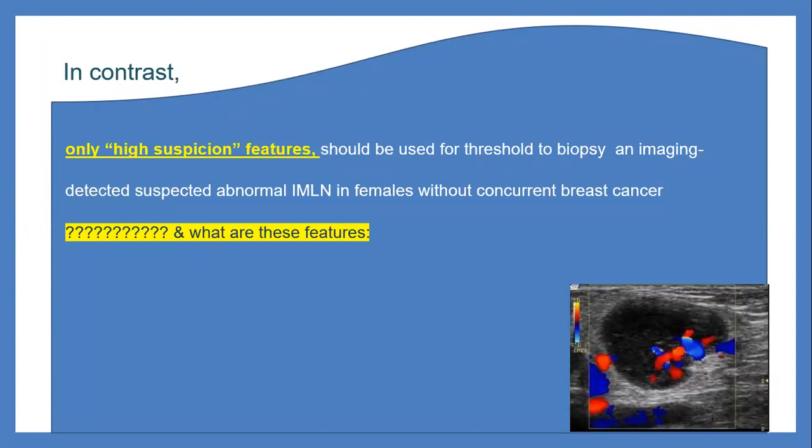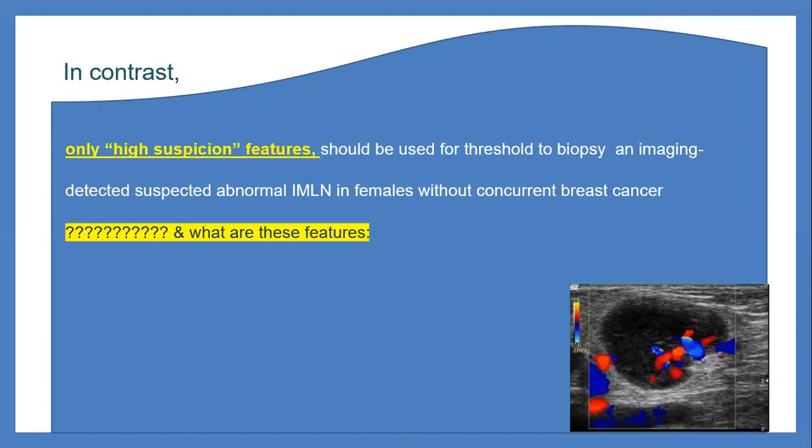For a breast cancer patient, with an intramammary lymph node with minor or very low suspicious features, I will consider it. But in contrast, for a patient with no history of breast cancer, a normal patient, unless I have highly suspicious features, I will not raise suspicion. I will not recommend biopsy unless I have highly suspicious features.